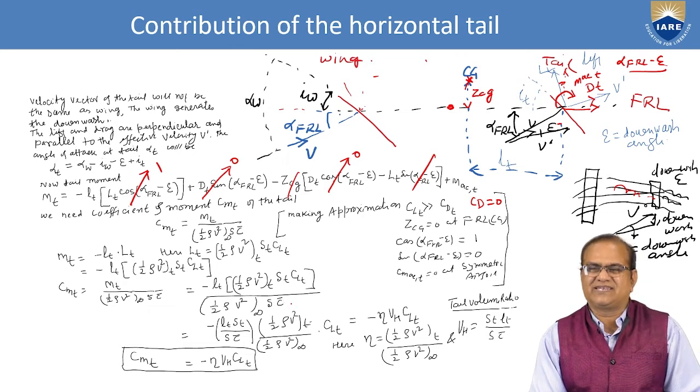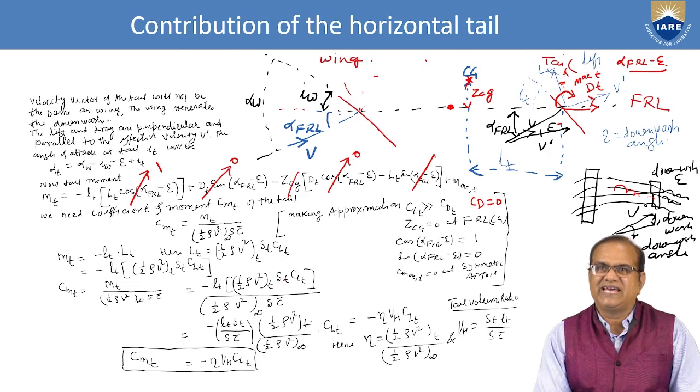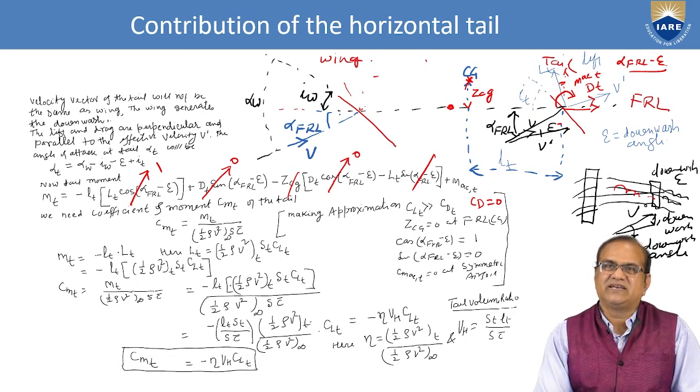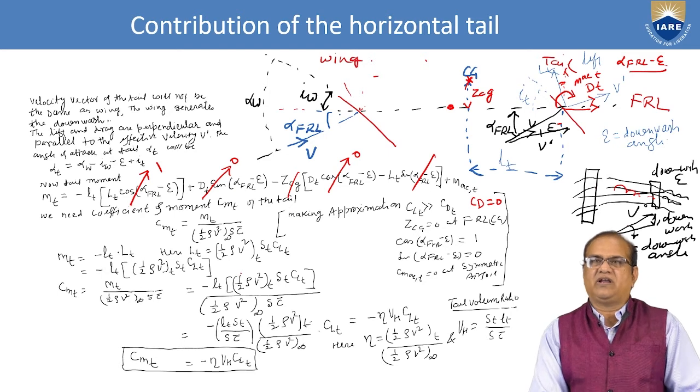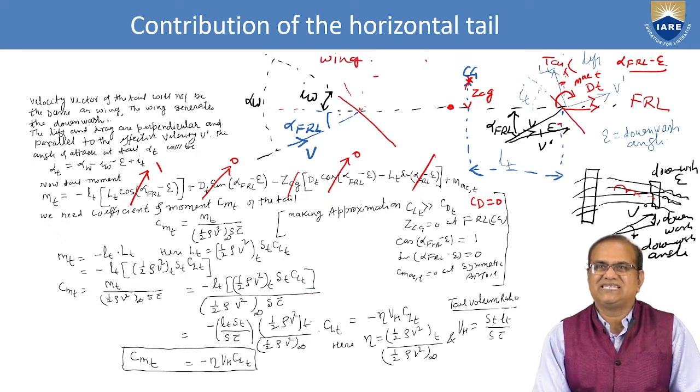Now we will do a simple mathematical simplification. We will make St lt into S C bar one group, and CLT another. So here minus lt St divided by S C bar in one bracket, and in another bracket we have half rho V square T divided by half rho V square infinity into CLT.